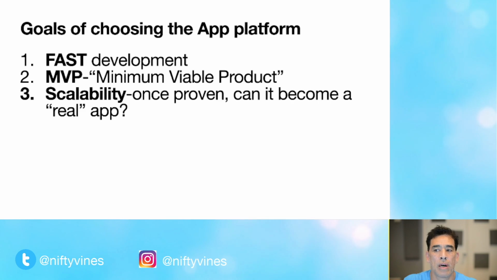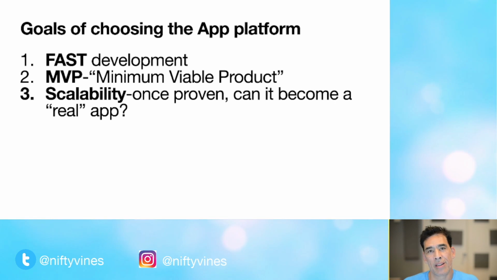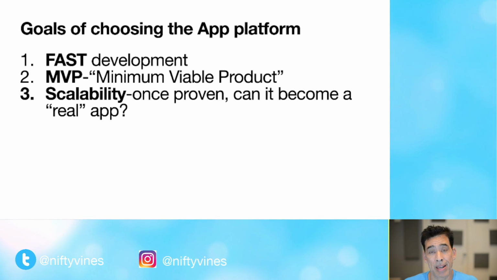Okay, so before choosing anything, first of all, you have to think of what your goals are. The first time around, we made a bunch of mistakes and took too long, went down too many rabbit holes. So we're trying to avoid that this time. So we are going for fast development, actually easier development. I should have put that in there. We want to really go for an MVP, which is the basic functionality of our app that might not have everything.